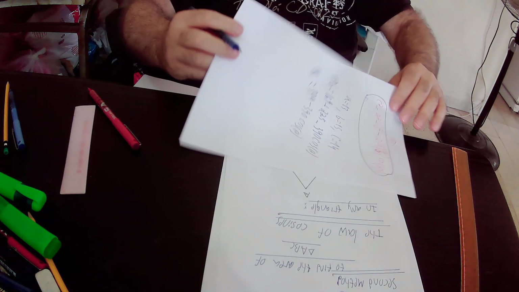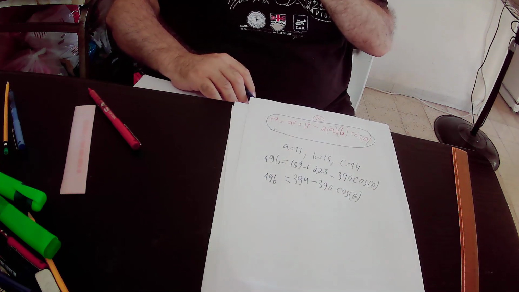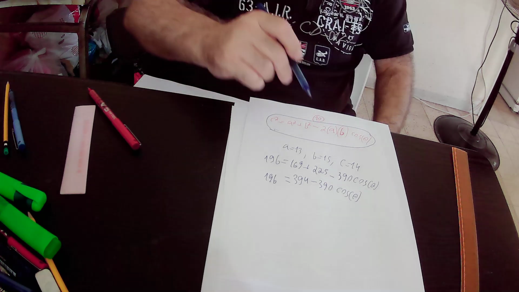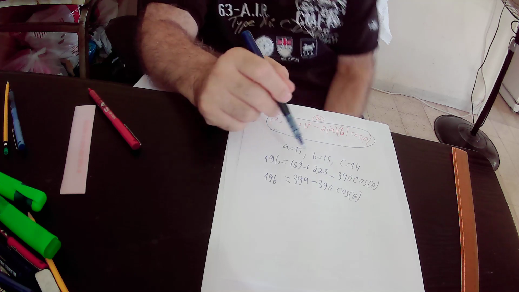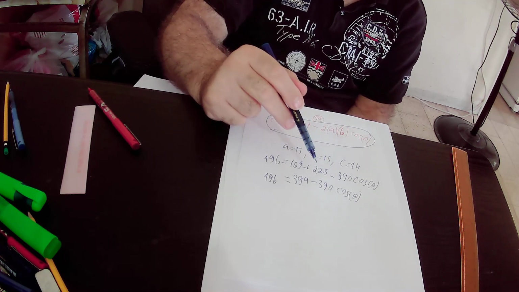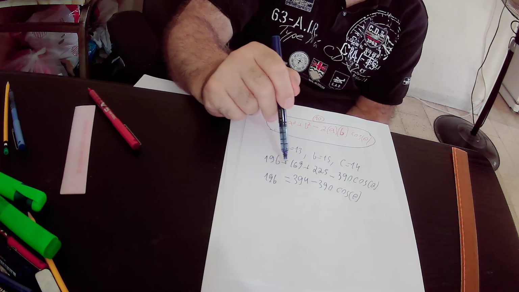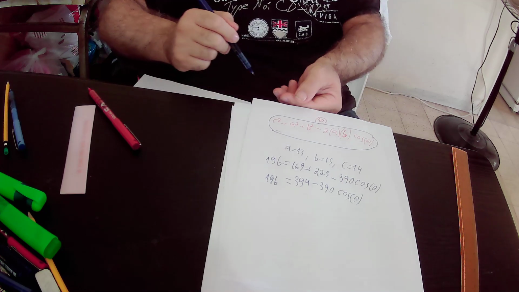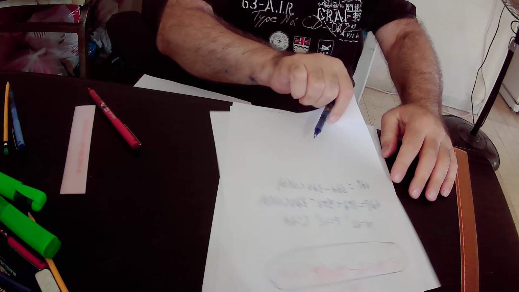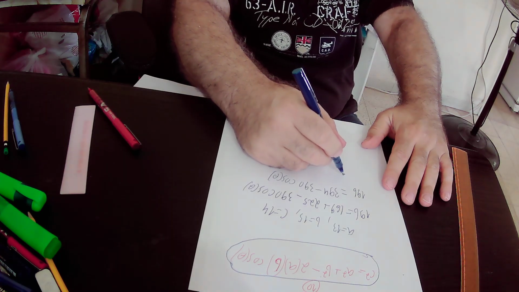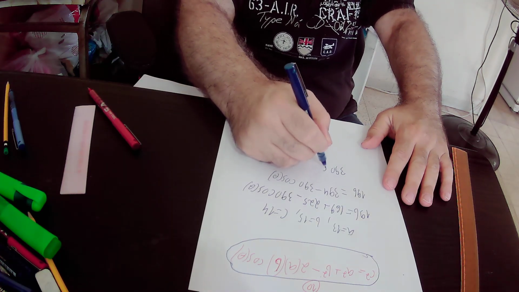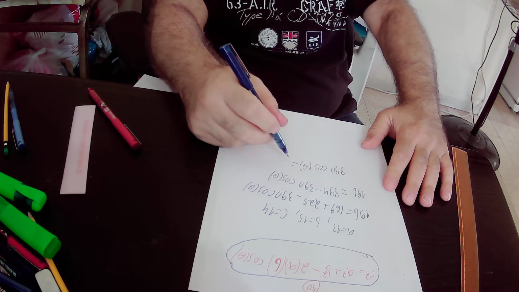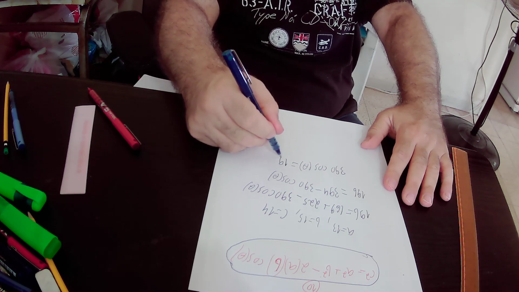So here we will add to this equality 390 cosine theta, and we will subtract from this equality 196, and we will get that 390 cosine theta equals 198.